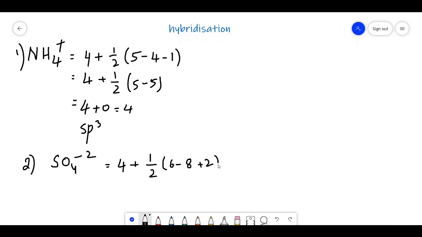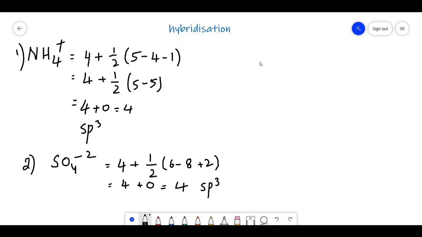Whenever there is a negative charge, you add that charge, plus 2. If you calculate this, we get 4 plus half into 6 minus 8 plus 2, which becomes 0. So this is also 4 plus 0, which is equal to 4. So here also the hybridization is sp3.